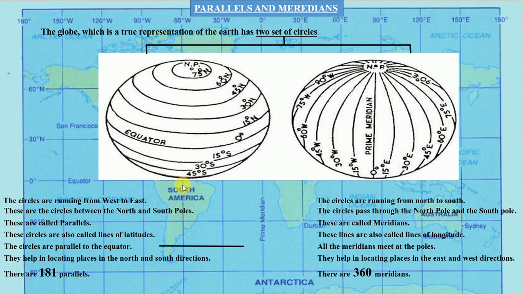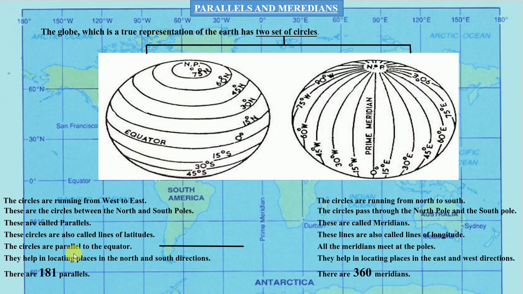These circles are also called the lines of latitude. As you can see, the circles are parallel to the equator. How do these circles help us?